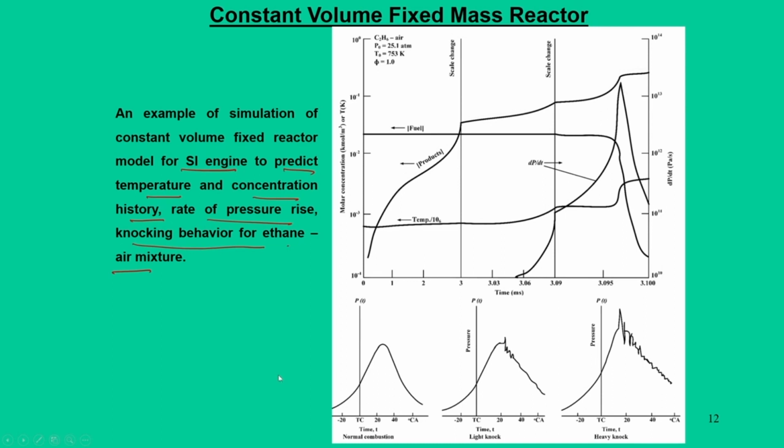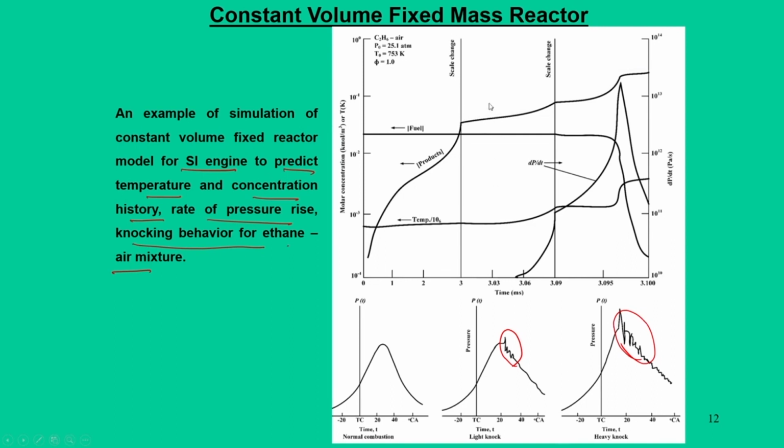Now, if this pressure is coupled with subsequent operations, you can see some situations where, if your fuel and air are not adequate and combustion does not take place in an adequate manner, we can see an unexpected rise in the pressure with time. So, this is something like knocking behavior.